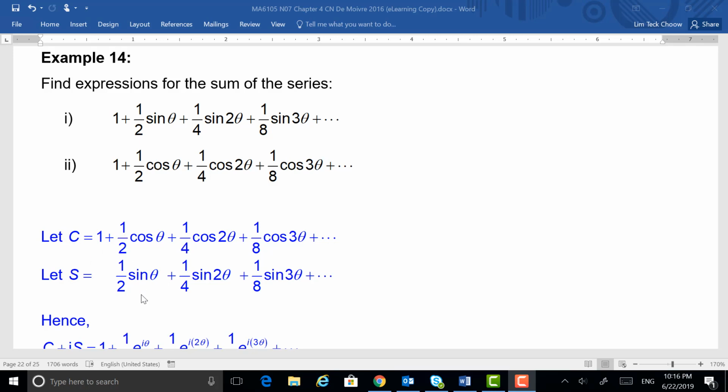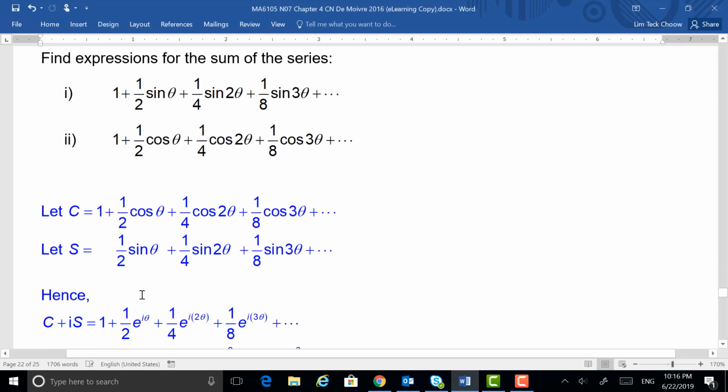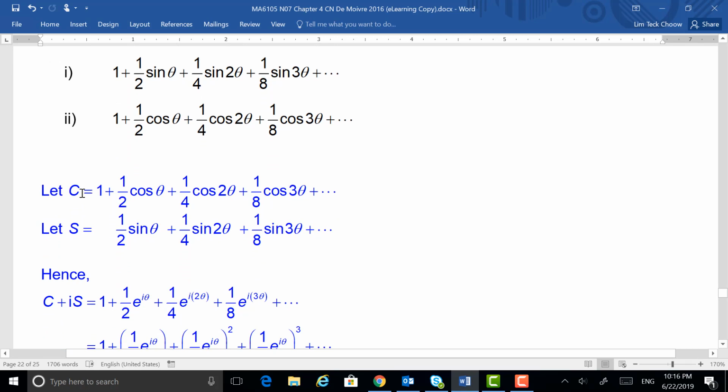Now, so letting C and S be this and this respectively, what we can do here is we are going to add them up together. If you add up C and S, you have the 1, and then C plus iS gives you half open bracket cos theta plus i sin theta, which is written as e^(i theta).